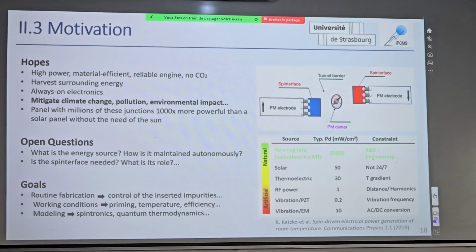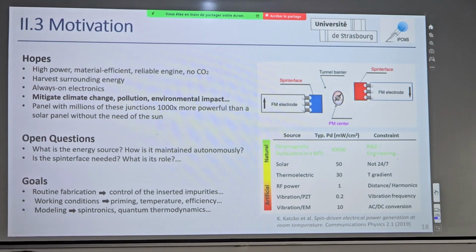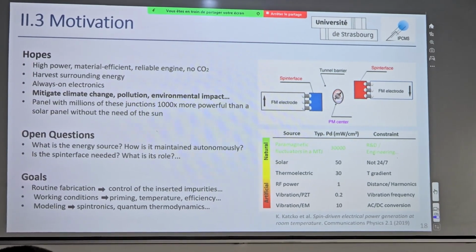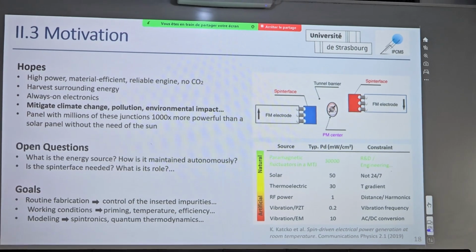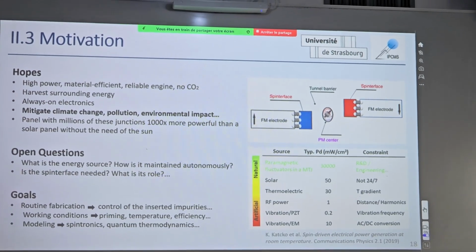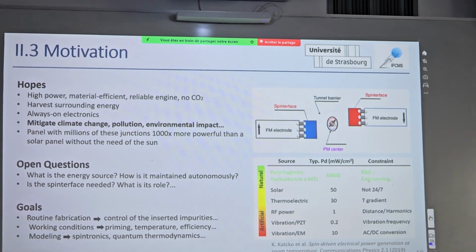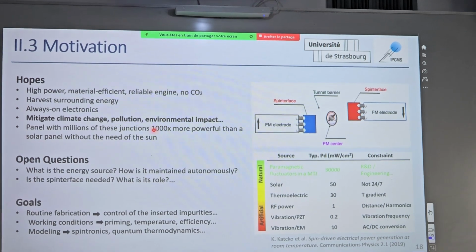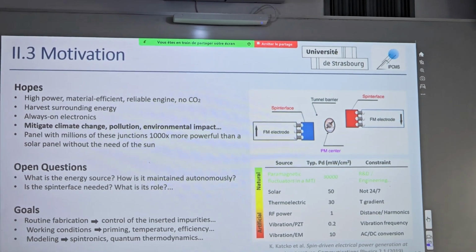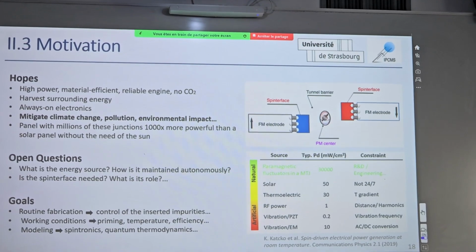And indeed, by stacking these junctions in series and making a panel, if you extrapolate the results you have for the magnesium oxide implementation, it would be up to 1,000 times more powerful than a solar panel without the need of the sun.